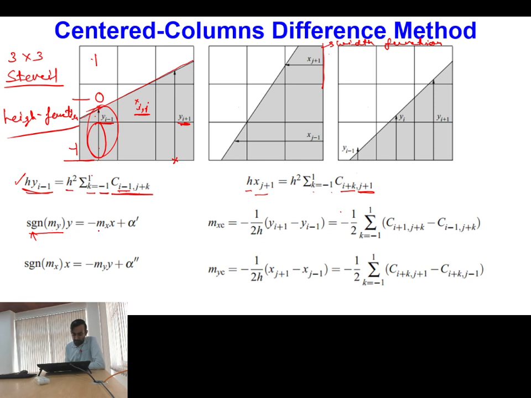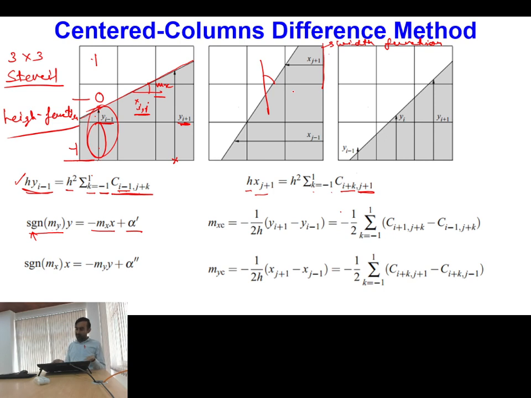So y equals minus m_x into x plus alpha. If you measure this slope with reference to the horizontal axis, then this slope will be nothing but m_x. But if you measure this with reference to the vertical axis, then this component will come as m_y.